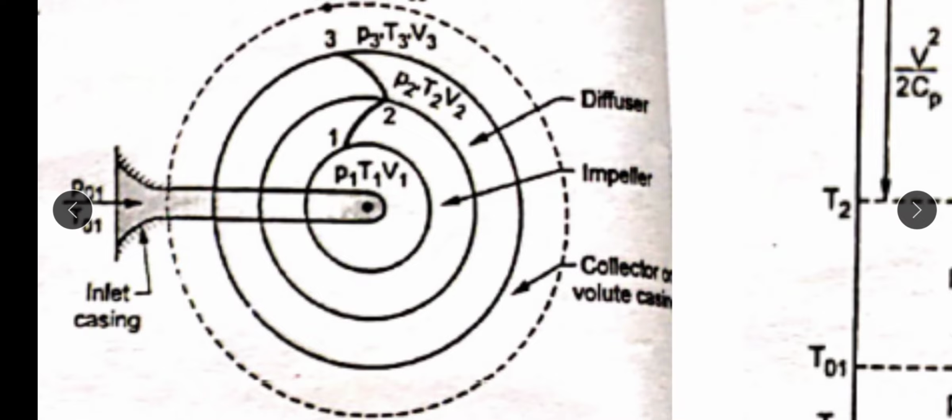But we are dealing with Mach number less than 1, and for incompressible fluid like water and compressible fluid with Mach number less than 1, the pressure and velocity variations are the same. We already discussed this while studying the steam nozzle in steam turbine. Please revise it. Then point 3 is the outlet of the diffuser section.